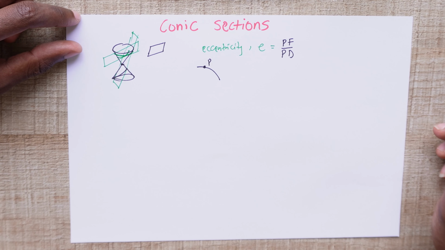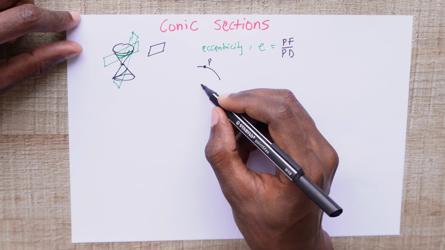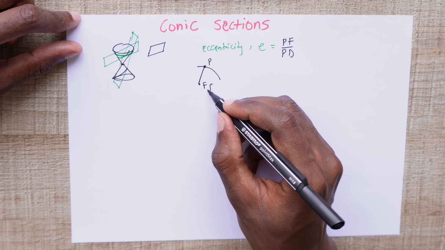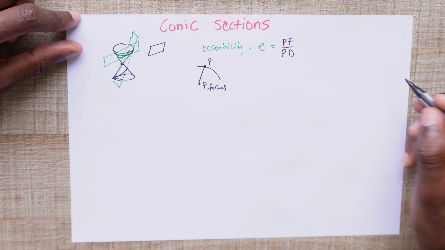So the ratio of the distance of the point P to a fixed point, F, known as the focus, to that of the distance from P to a fixed line, known as D, which we call the directrix, should be a constant.